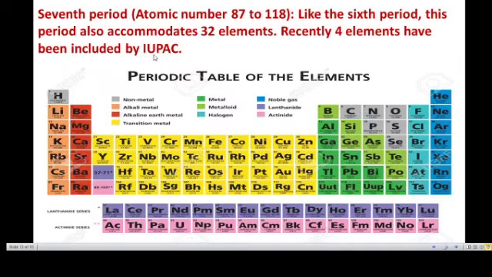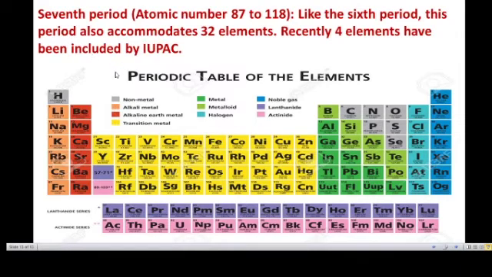IUPAC means International Union of Pure and Applied Chemistry.